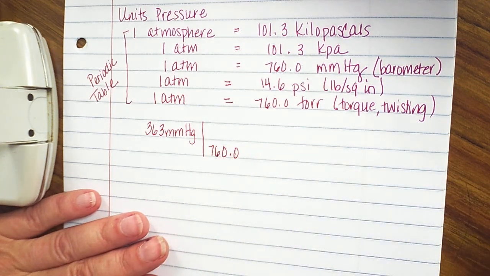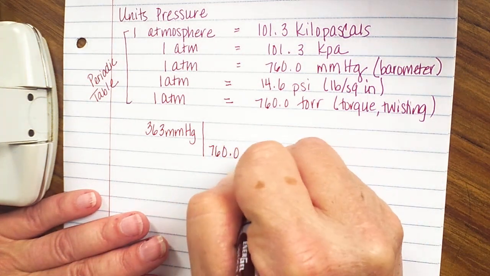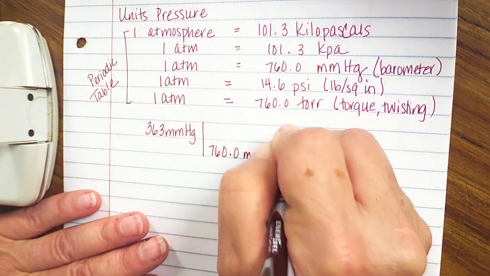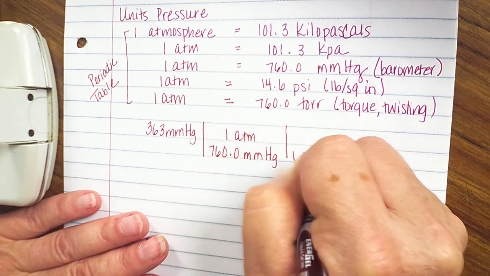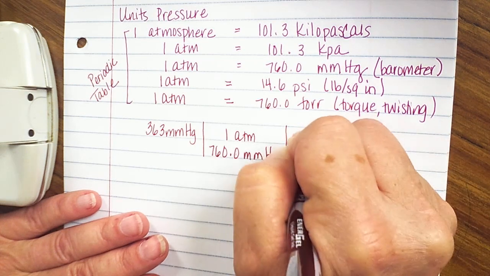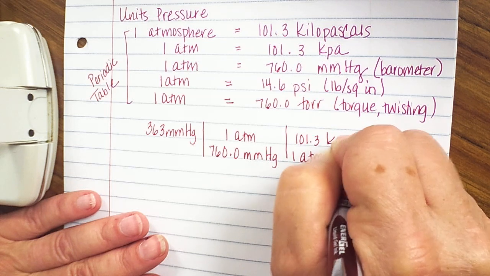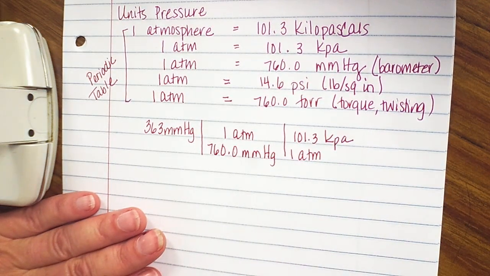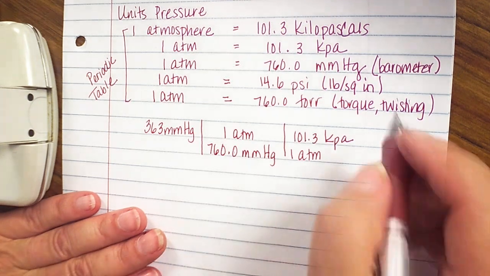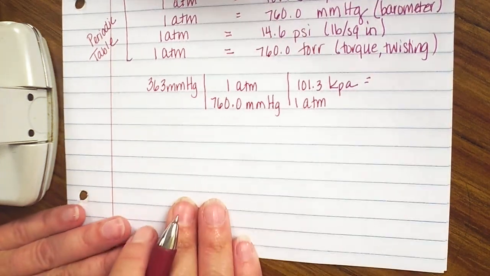Let's say I want to convert them to PSI or kPa: 760 millimeters mercury to 1 atm, and then 1 atm to 101.3 kPa. So this is just like any other conversion that you're going to do.